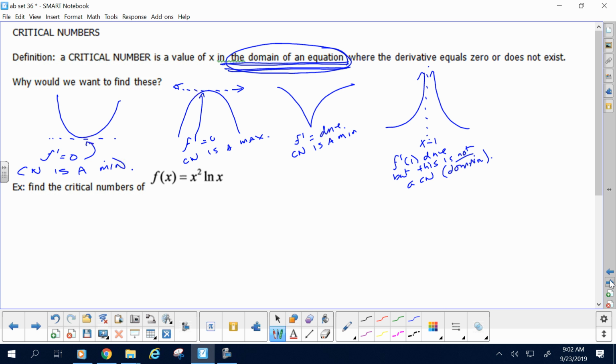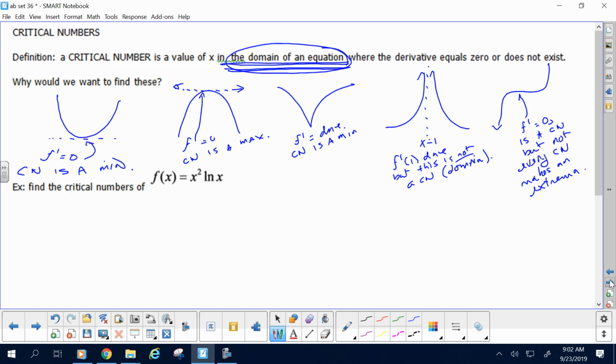Would you draw one more, please? Draw an x cubed graph that looks like this. F prime equals 0 here. So this is a critical number, but not every critical number makes an extrema. Sometimes it's just kind of a fake out.